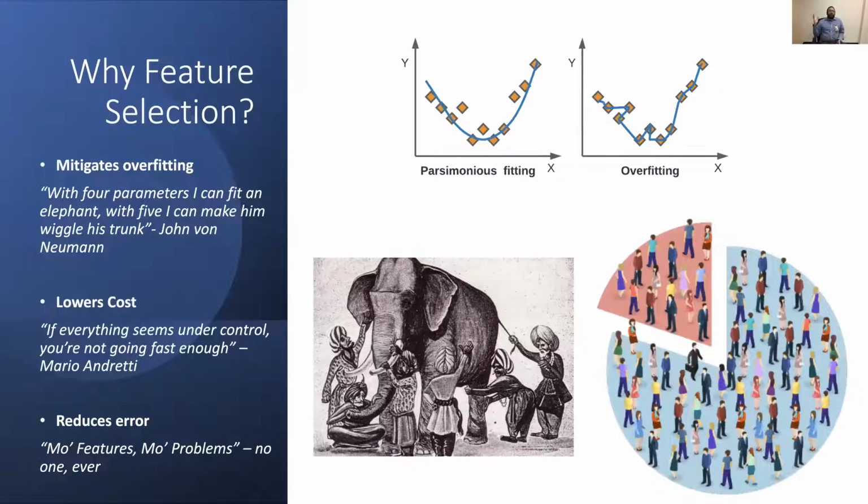So why would we want to do any feature selection? The more features I have, the better, right? Why would I tie my hands behind my back? Well, I can think of 3 big reasons. The first is that with more parameters, the likelihood of overfitting is just higher.